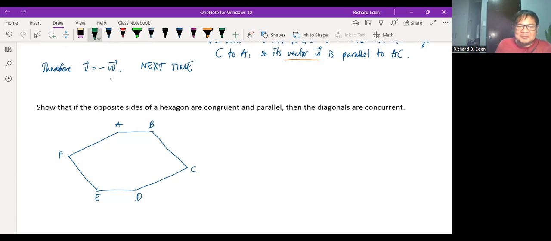Ayaw namang mabitin, so ito tapusin natin dito. So ganito. AB and ED are congruent, diba? So therefore, you can form a parallelogram ABDE.